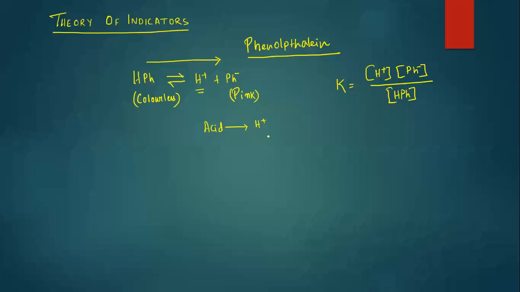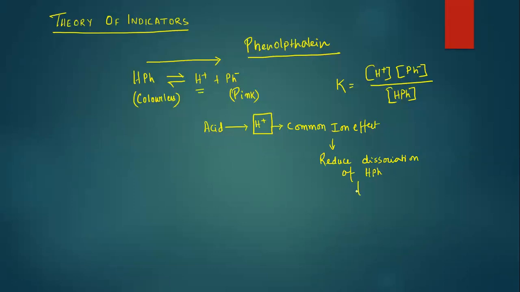Now when you put it in acidic solution, what happens? Acidic solution already has H+. So it will give an effect which we have already studied, called common ion effect, to this forward reaction. This common ion effect will reduce dissociation of HPh.